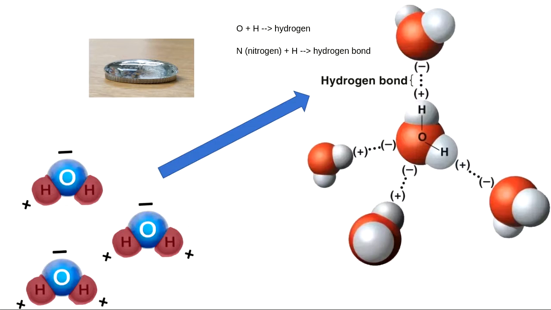Sometimes sulfur can do that as well, but it always has to be something much more electronegative that's being attracted to hydrogen's dipole. But these are the two most common ones. The ones we'll see in our class are oxygen and nitrogen making those hydrogen bonds.